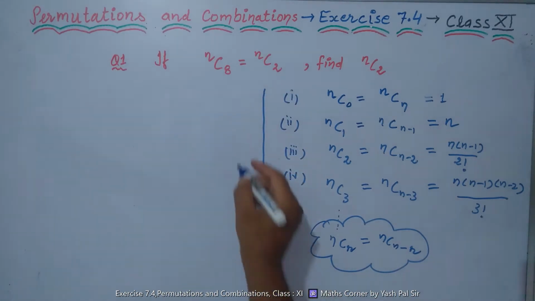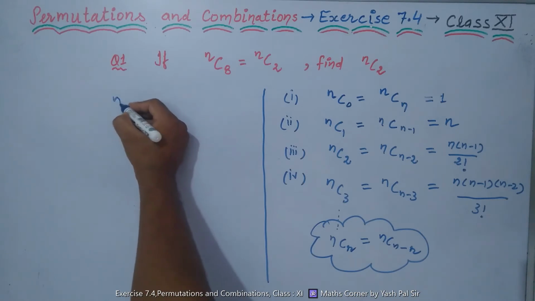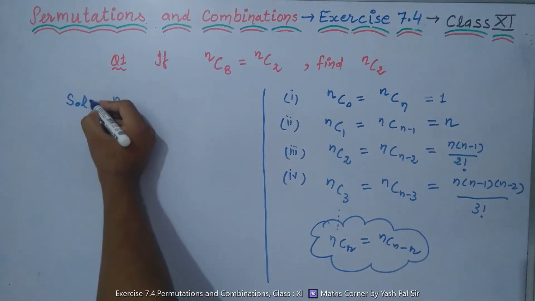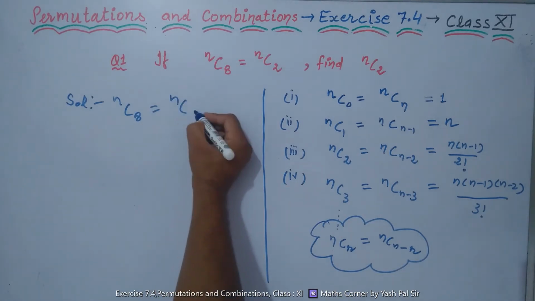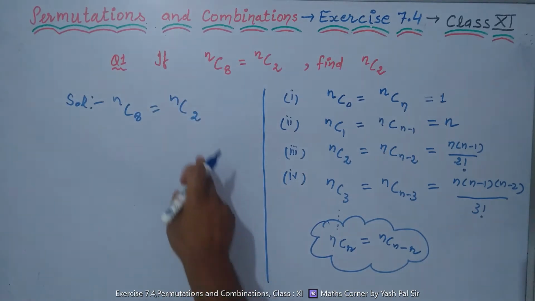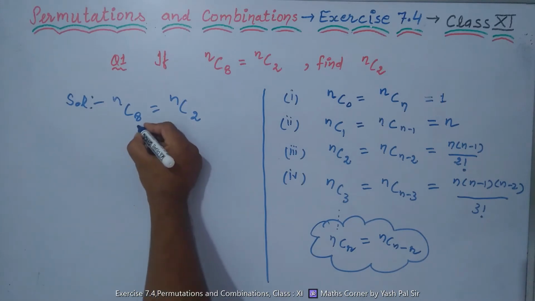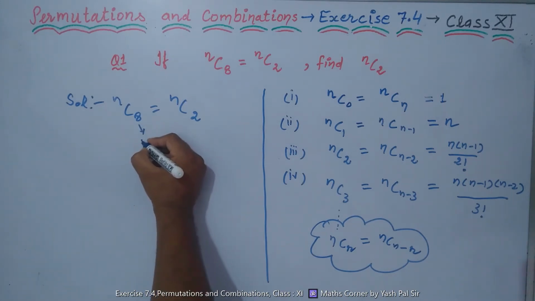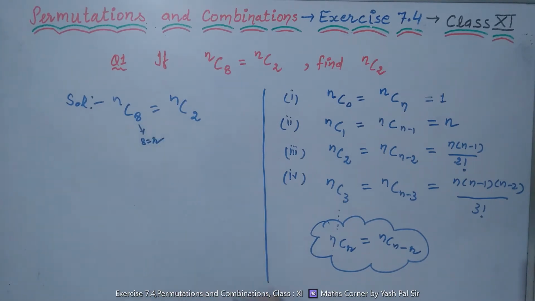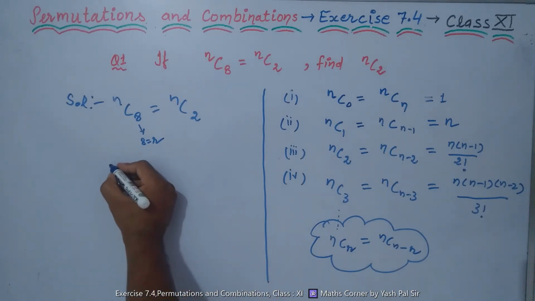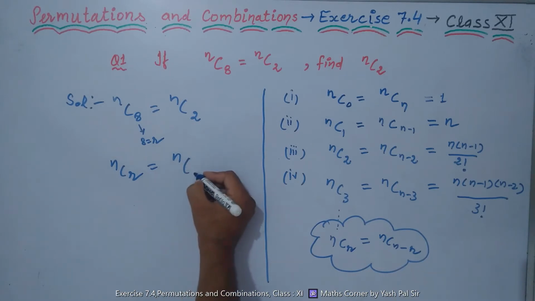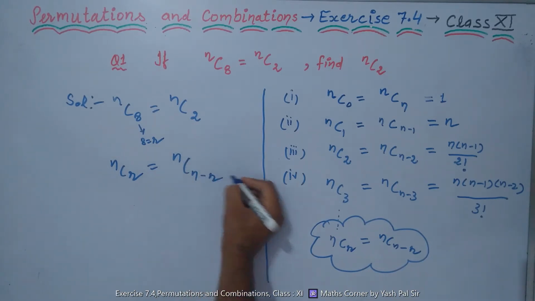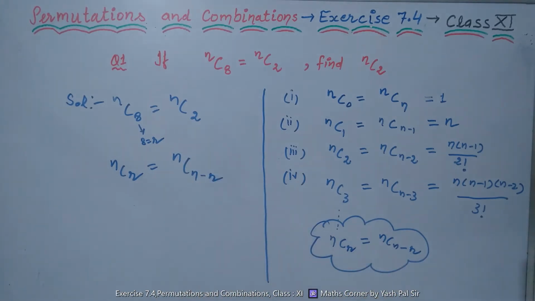Now what is our question? nC8 is equal to nC2. Now what we say? If we say 8 is equal to r, then nCr is equal to nC(n minus r), right?